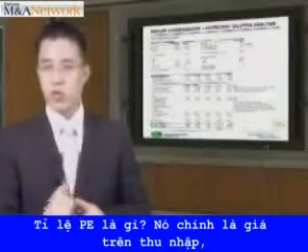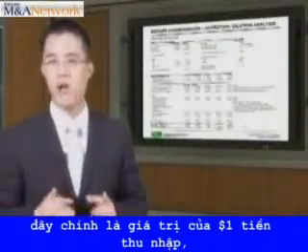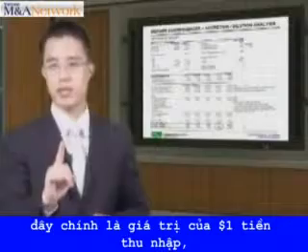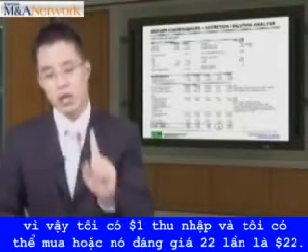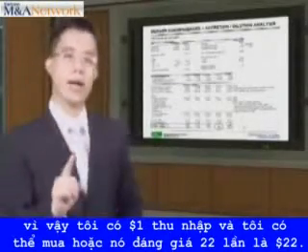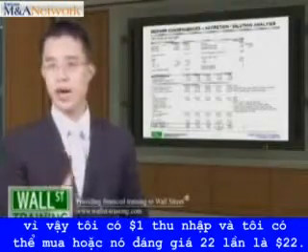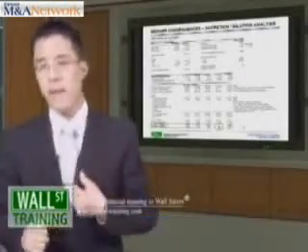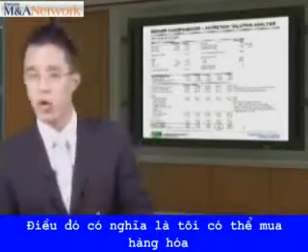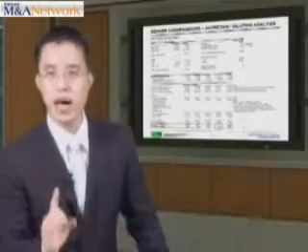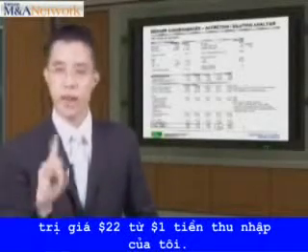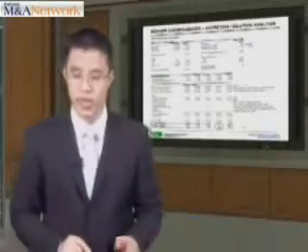What's a PE ratio? It's price over earnings. It's the value of $1 of earnings. So if I have $1 of earnings and it's worth 22 times, $22, what that means is, from a separate angle, I can buy $22 worth of goods from my $1 of earnings.